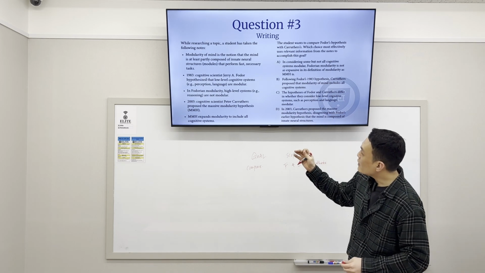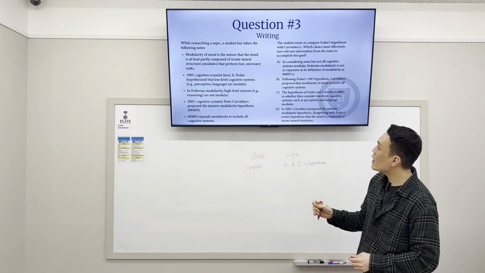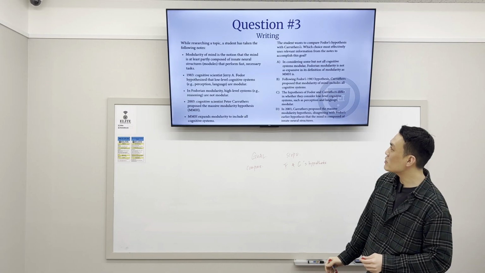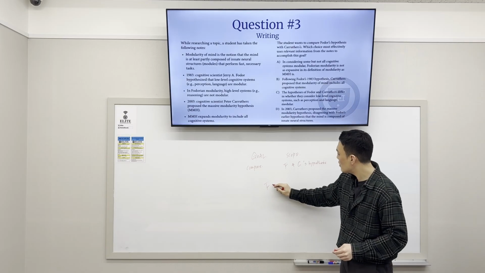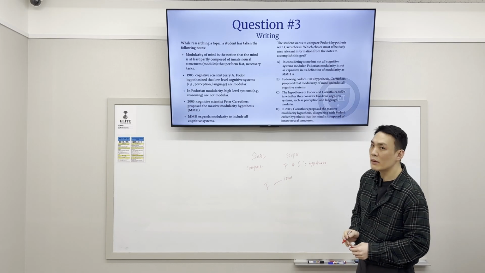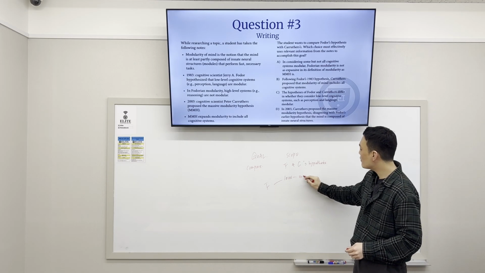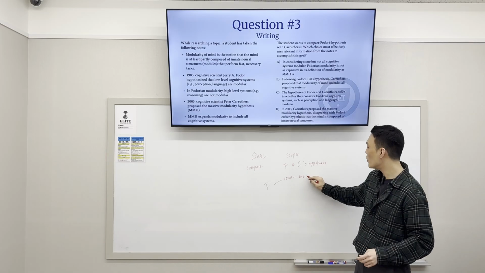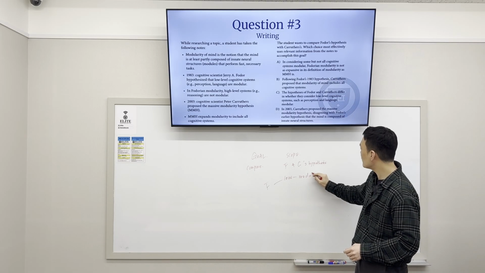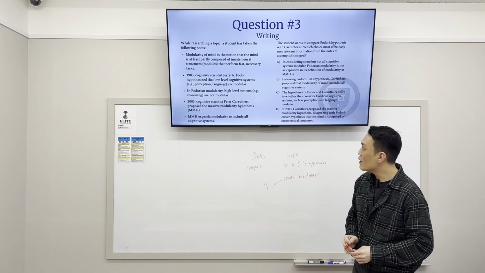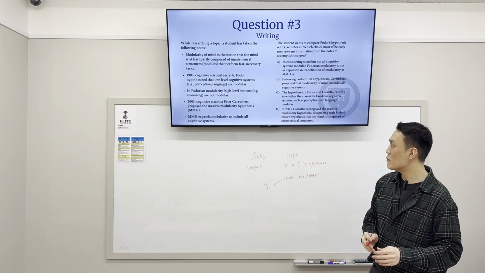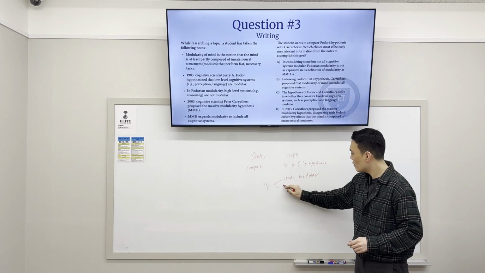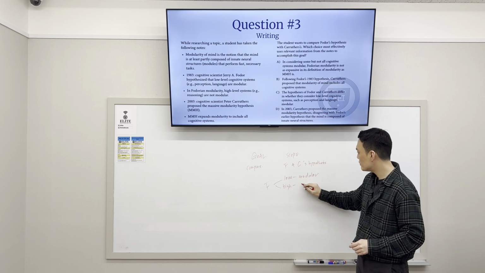In 1983, cognitive scientist Fodor hypothesized that low-level cognitive systems are modular. That's our first bullet point that we should focus on. Next, in Fodorian modularity, high-level systems are not modular. So let's take a note.